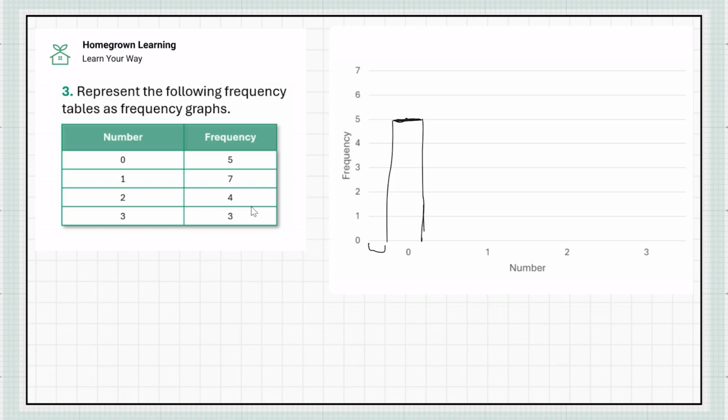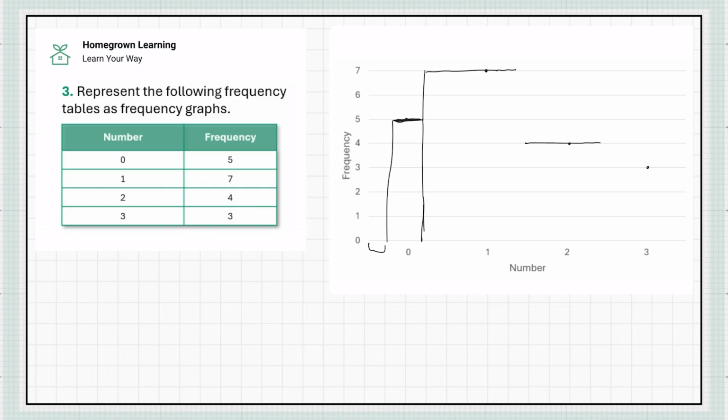Alright, and the next one will be 1. For 1, we have a frequency of 7. Now these are going to be some very large looking columns, purely because I have set this up slightly incorrectly. 2 is going to be 4, and 3 is going to be 3.